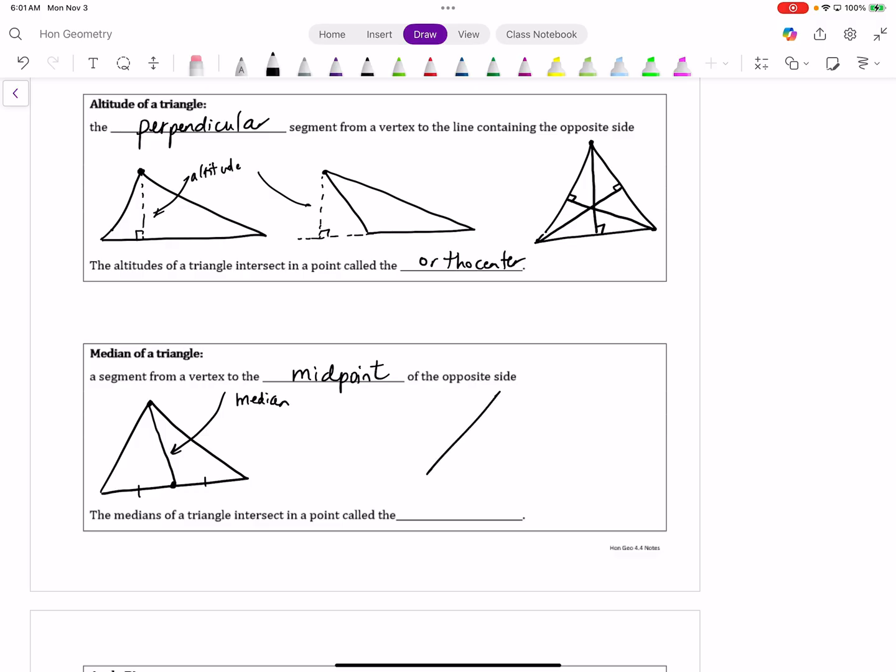And if you take a triangle and you draw all three medians, find the midpoint of that side, we're going to find the midpoint of this. I'll pretend like that's all the same point, because it is. That point is called the centroid. Okay, so this point right here, centroid. This point right here, orthocenter.